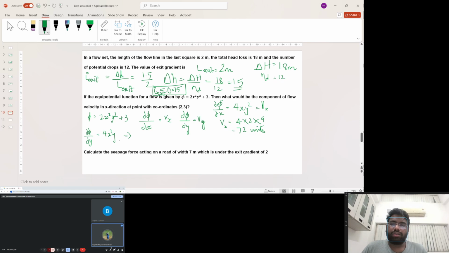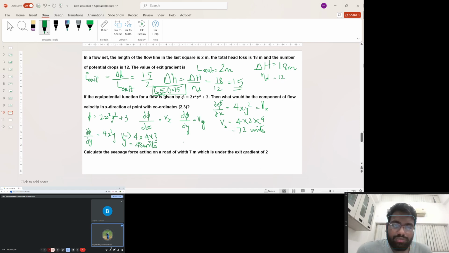In this regard, Vy at the same coordinate will be 4 into 4 into 3. So 16 threes are 48 units. Alright. This is for the equipotential function.